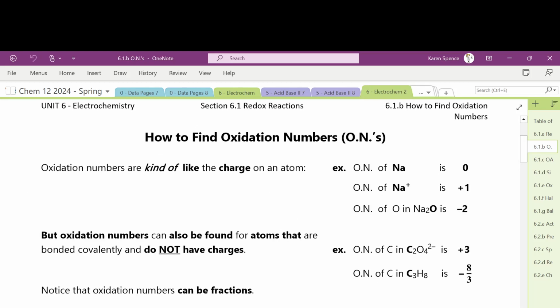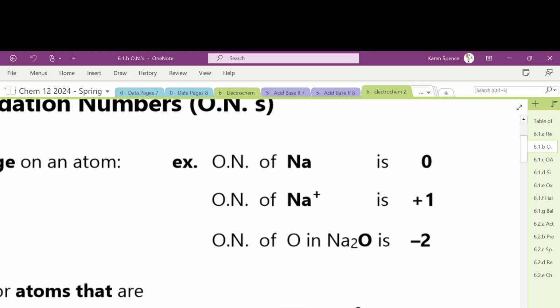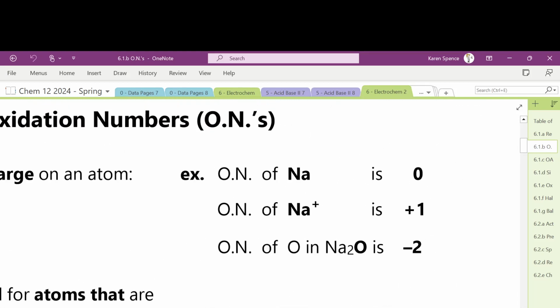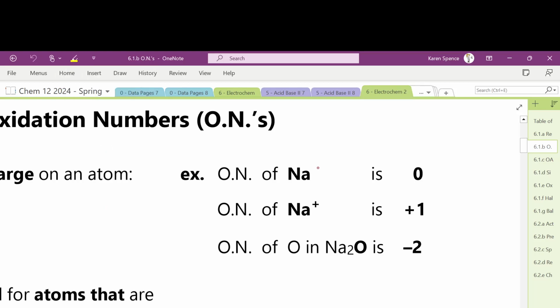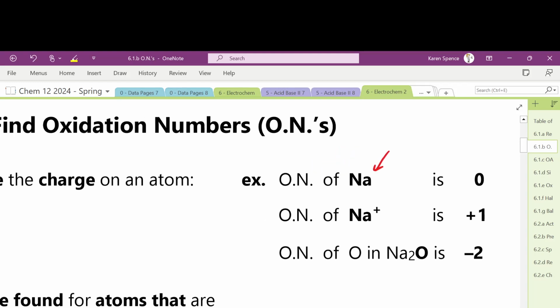So oxidation numbers are kind of like the charge on an atom. So for example, as we saw on the little video, if we have Na with nothing up here, the ON, which stands for oxidation number, is 0.